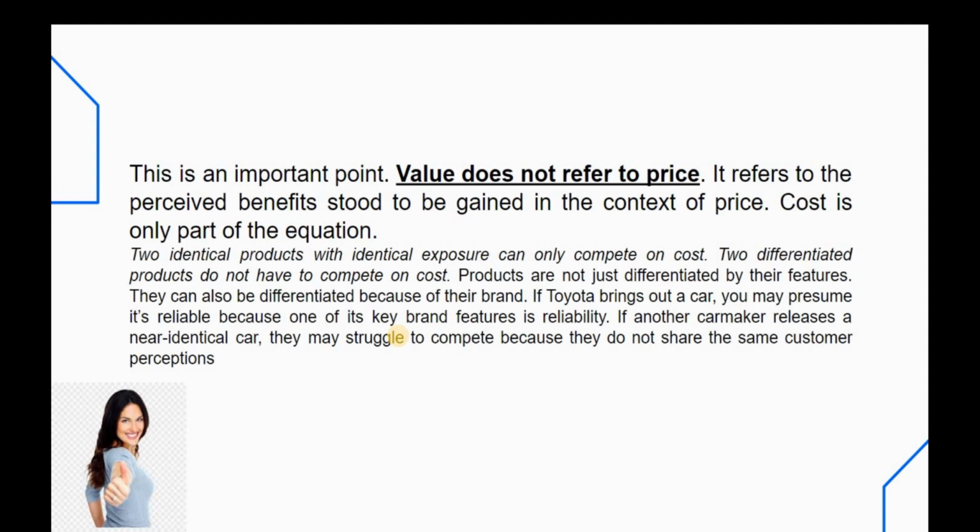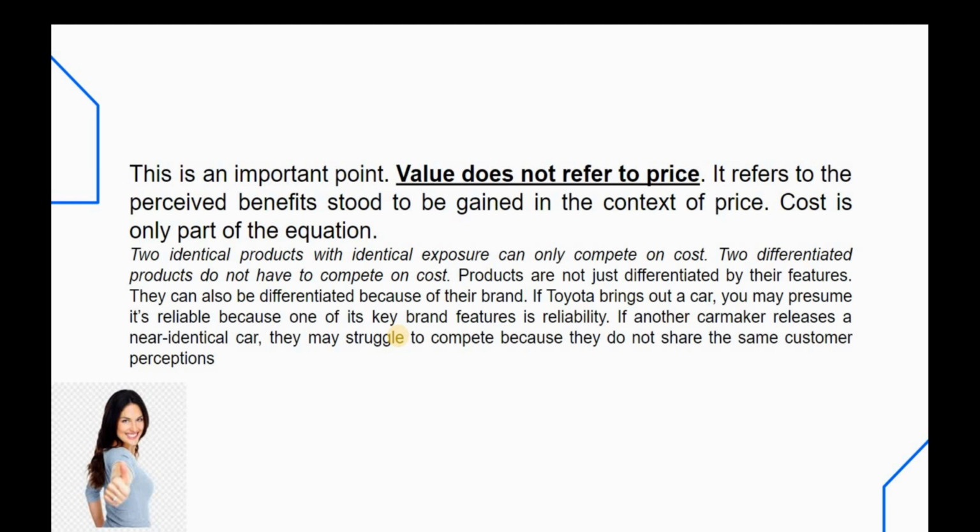The customers have already built this perception towards Toyota that when you say the brand is Toyota, the car is reliable. So I hope that explains our analogy when it comes to the relationship between value and price.